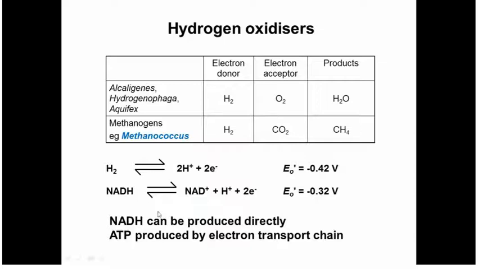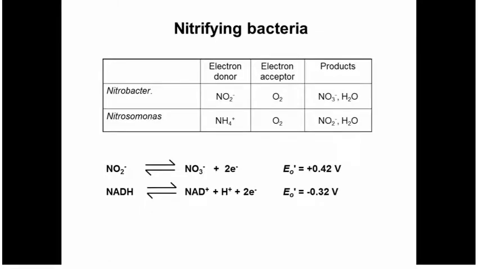And once you've got that, then ATP can be produced by the electron transport chain, and the electrons finally go on to the electron acceptor, which will be oxygen. Easy. So that works pretty well for these aerobic hydrogen oxidizers. In methanogens, the metabolic pathways are very complicated because carbon dioxide is such a poor electron acceptor. But nevertheless, they manage to perform these reactions and extract some metabolic energy from the process.